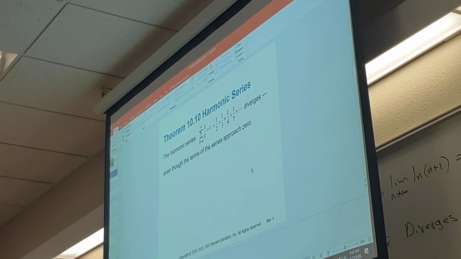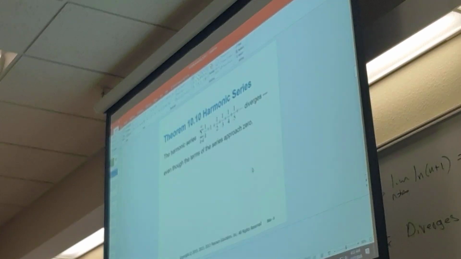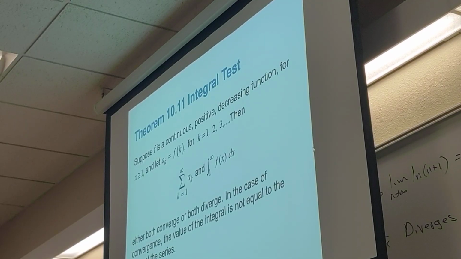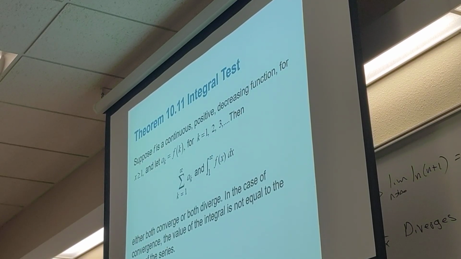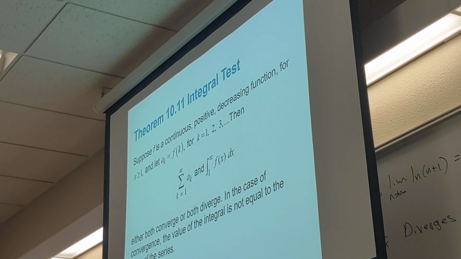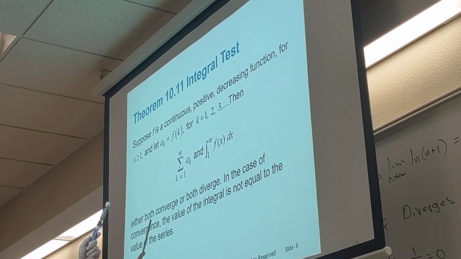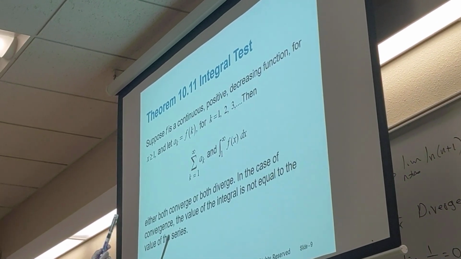All right. What we just did motivates another test, the integral test. Hopefully this will make sense to you now that you've seen this. It says here, suppose f is a continuous, positive, decreasing function.